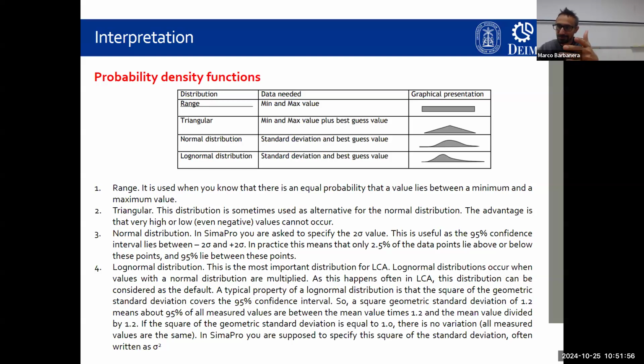So the calculation of this parameter is not possible in all cases. It's not possible to calculate the real square standard deviation for our parameter.